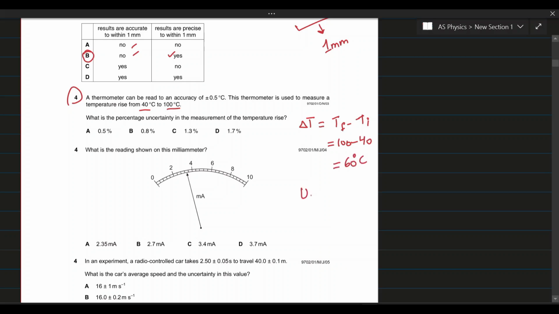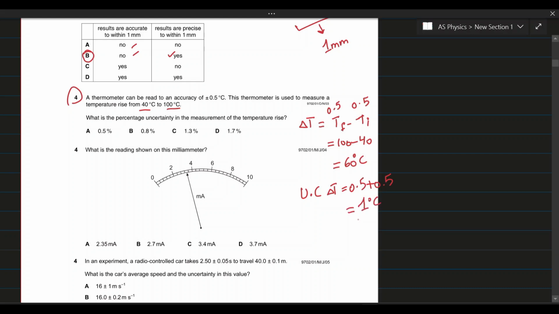On the other hand, if you need to find the uncertainty in temperature change or temperature rise, that would be adding both uncertainties. So temperature final also has 0.5 as well as temperature initial has 0.5. We will be adding both uncertainties. You should remember that uncertainties are always added. They are never subtracted.